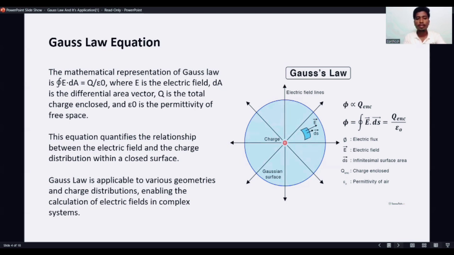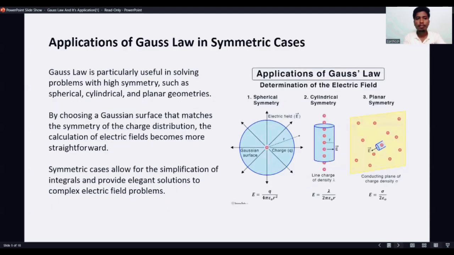Gauss law is applicable to various geometries and charge distributions, enabling the calculation of electric fields in complex systems. Here, the figure shows how the Gauss law equation is formed. Then, applications of Gauss law in symmetric cases.